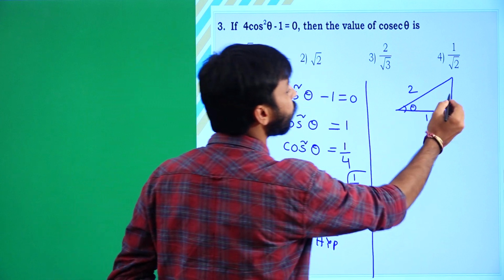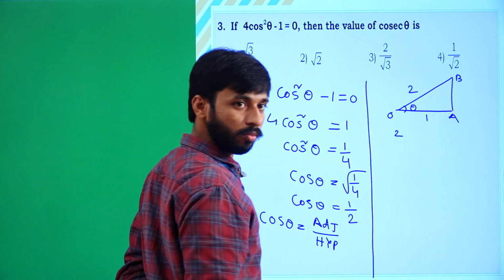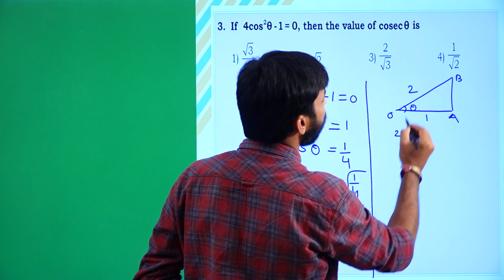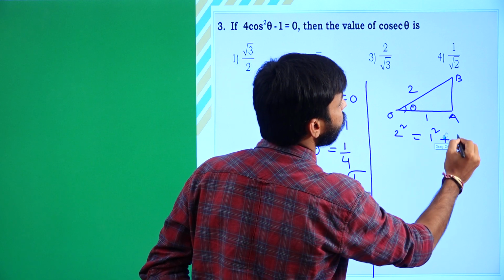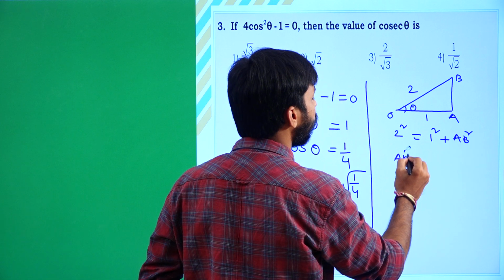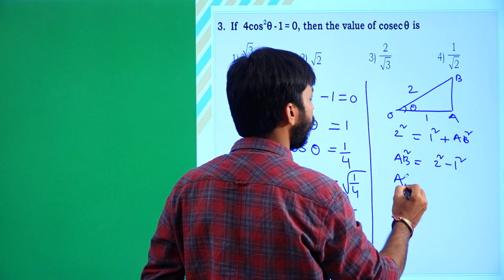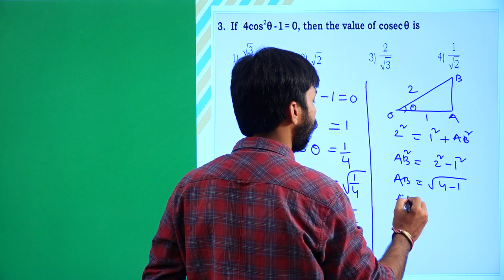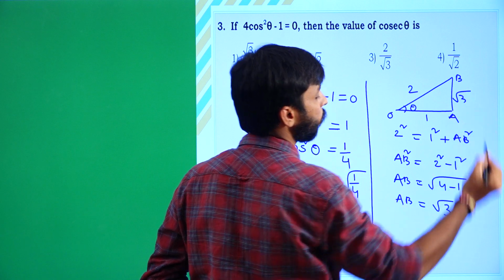So according to Pythagoras law, for example in triangle OAB, OB square is equal to OA square plus AB square. So AB square is equal to 2 square minus 1 square. So AB is equal to root over 4 minus 1, so AB is equal to root 3.